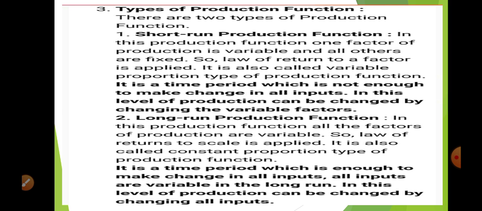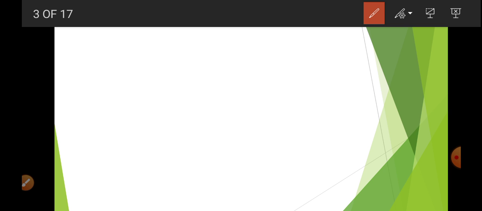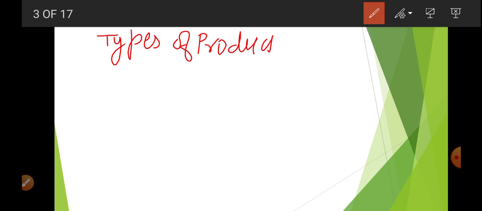Now next is types of production. Basically it is of two types: short run production function and long run production function. First of all I'm going to explain it in my own way. Types of production function: there are two types.